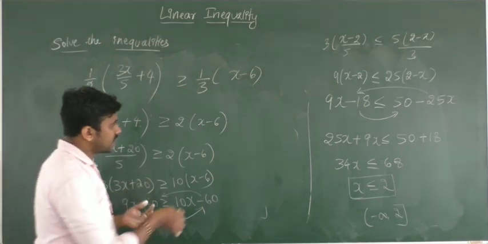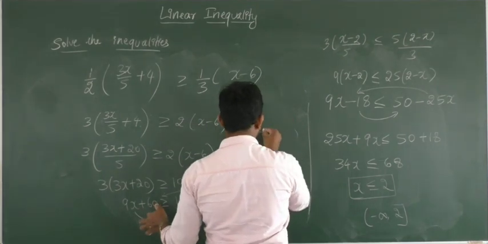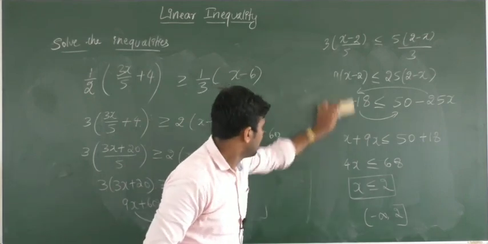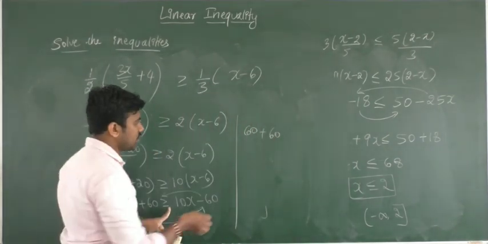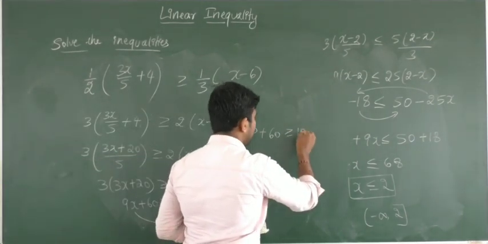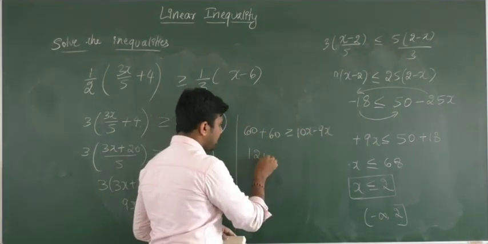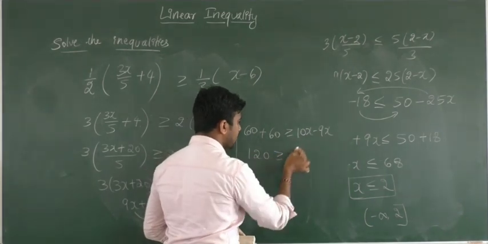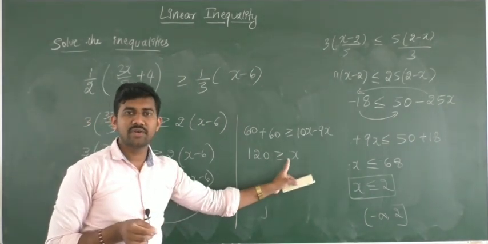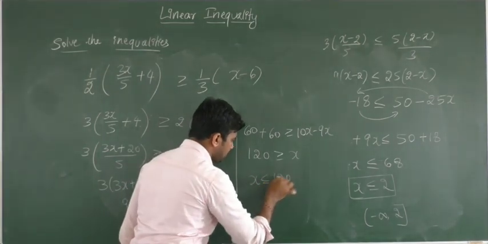Already you had 60, and this minus 60 goes to that side and becomes plus 60. 60 plus 60, 120, greater than or equal to 10x minus 9x, which is nothing but x. 120 is greater than or equal to x, so x is less than or equal to 120.